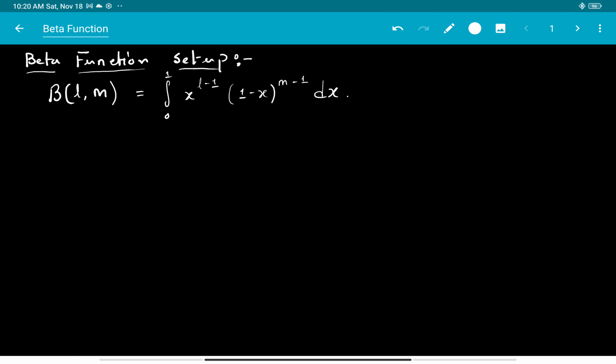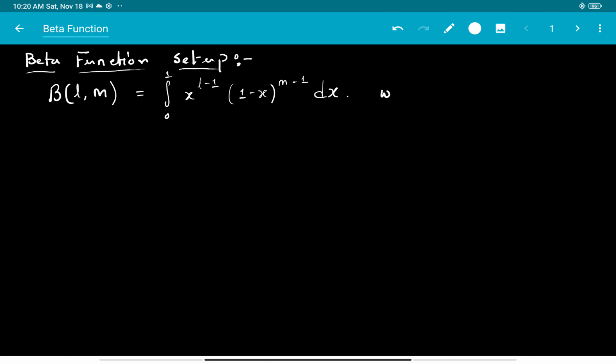This is the typical setup, the way we mathematically define beta functions. As I am saying, beta function is a special type of function which is known as Euler's first integral.